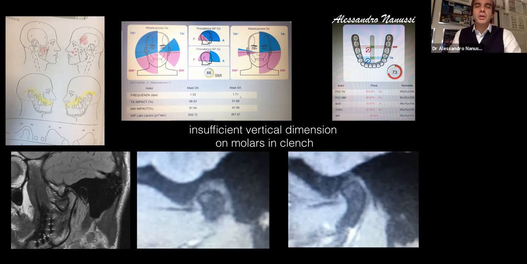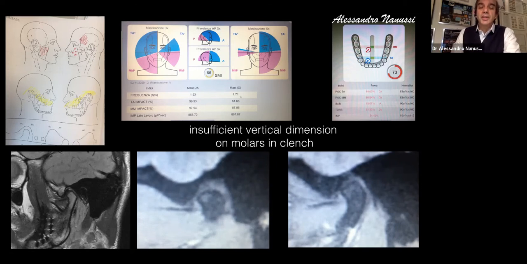If you control the muscles during the chewing cycle, the muscles work correctly, because during chewing I have the food in the mouth. So the teeth can work with the food in the mouth, and the masseter can work.